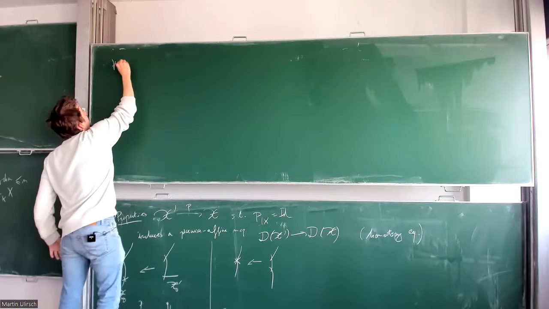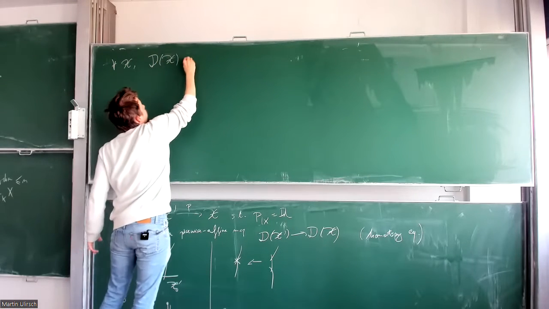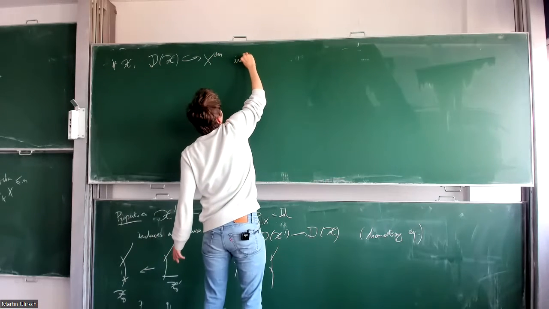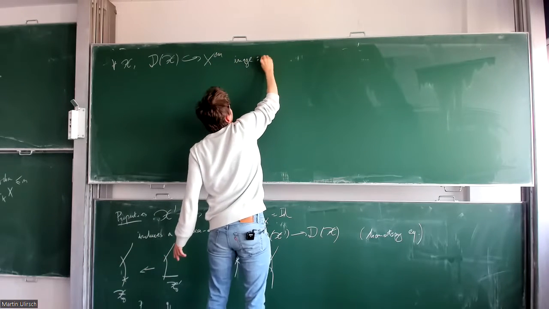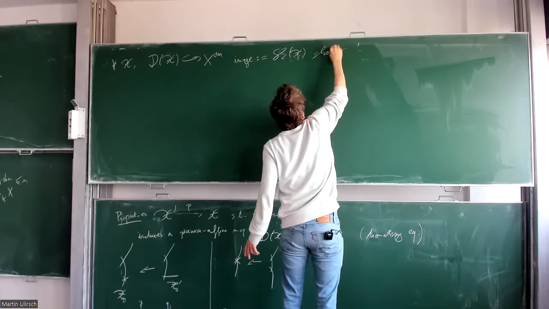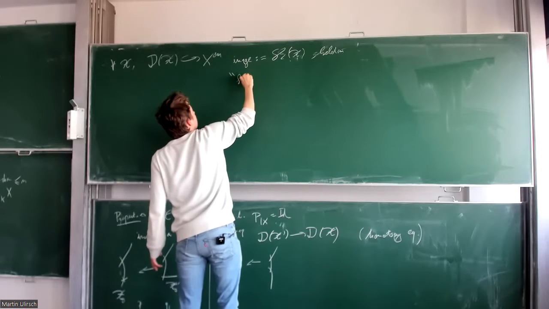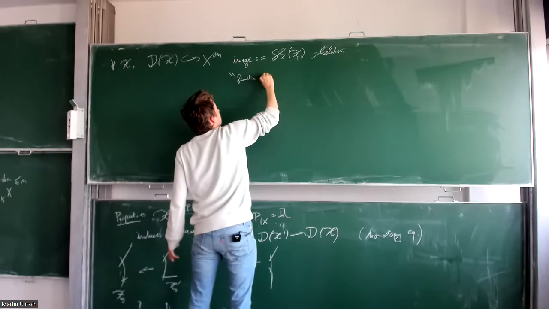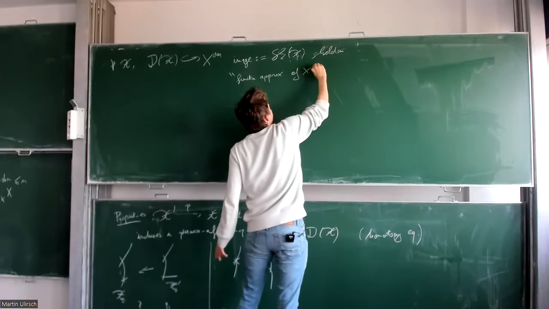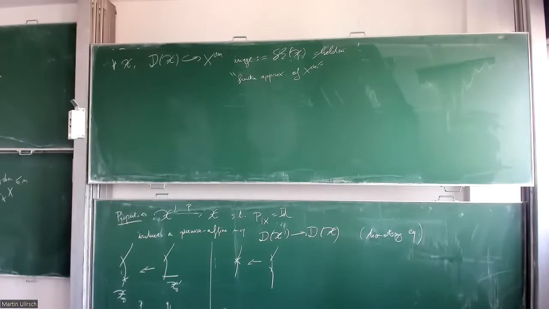So we have the following fact: for curly X, the dual complex embeds naturally inside X^an. And the image, by definition, we call the skeleton of curly X. In some sense, you can think of this as a finite approximation, so we're approximating the Berkovich space by just a finite dimensional cell complex.